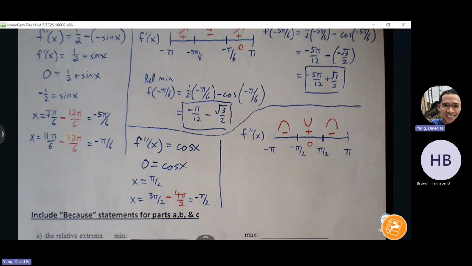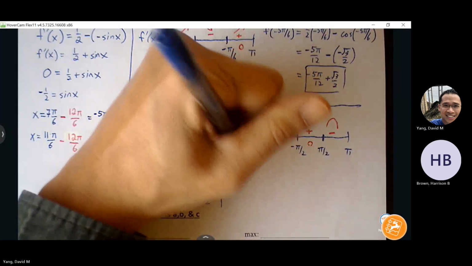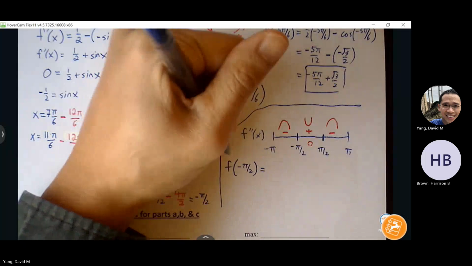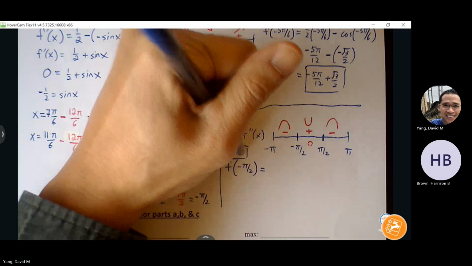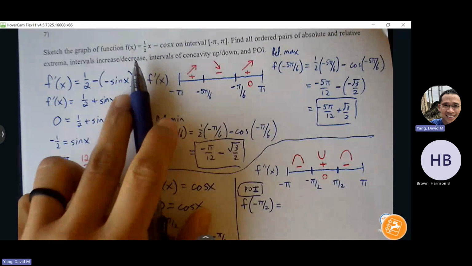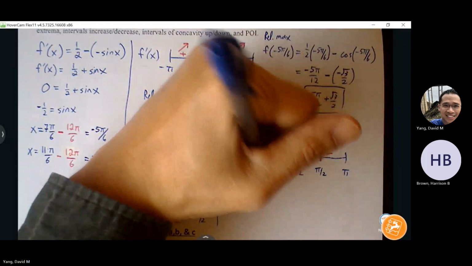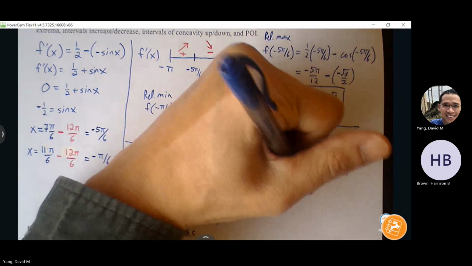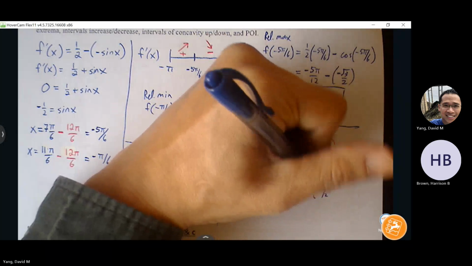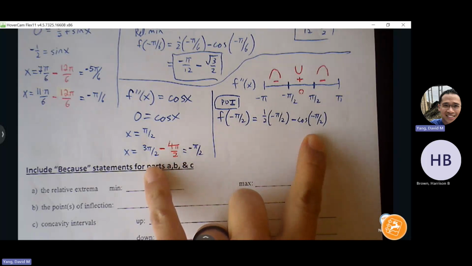Plug these back into the original function. One half times negative pi over 2 minus cosine of negative pi over 2. If negative pi over 2 feels unfamiliar, look to where it came from. It came from 3 pi over 2.